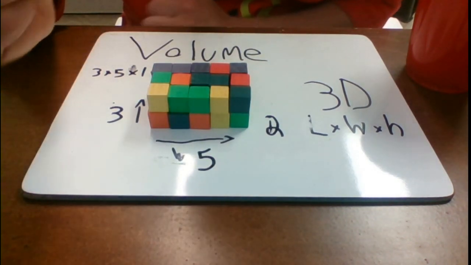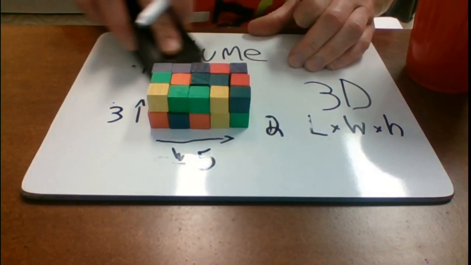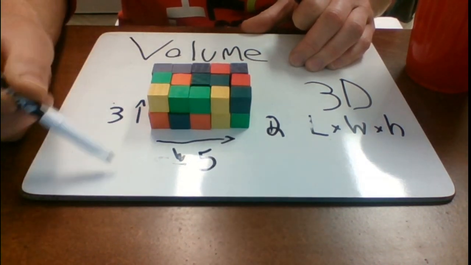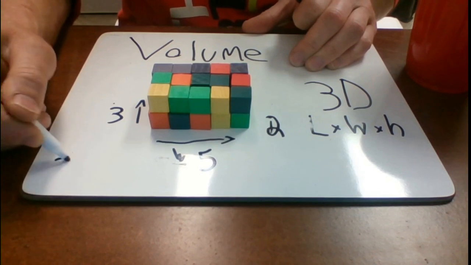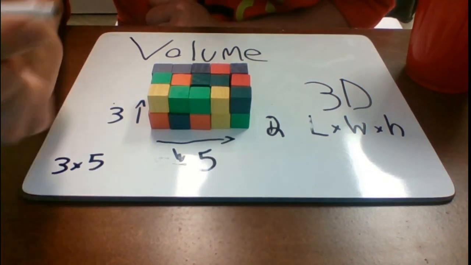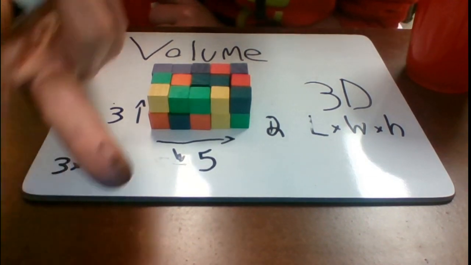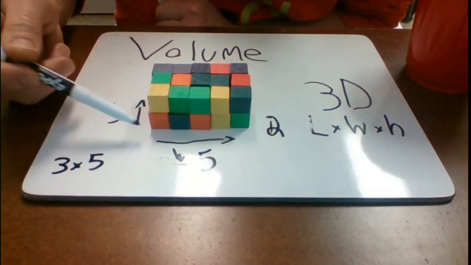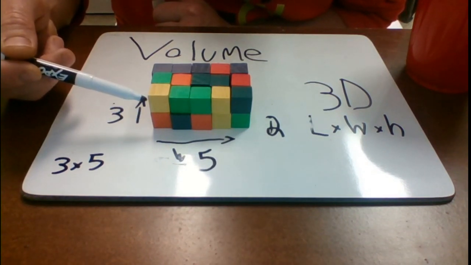2 in height. So let's use our formula here. Let's find our base layer first. 3 times 5. And how many layers do we have? Well, we have 2 layers now. 1, 2 high.